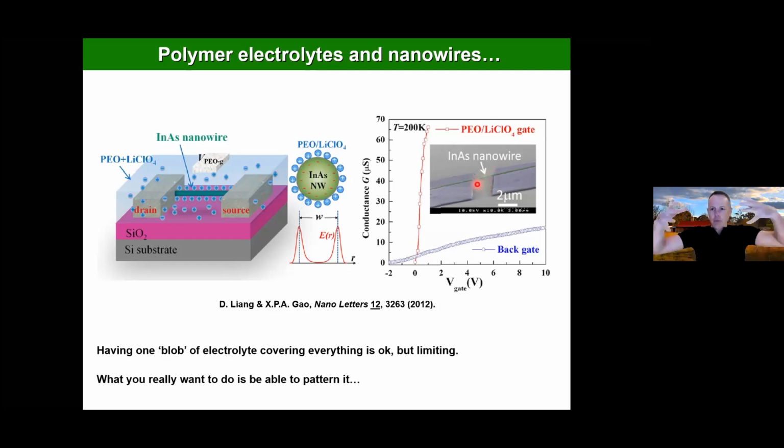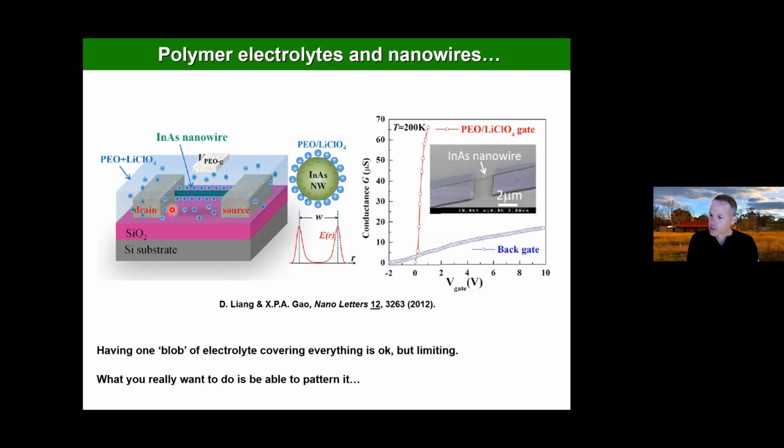With this big blob, you're not able to independently control multiple gates on a device, which would be desirable. You're not able to have multiple devices on a chip. And you also have issues with your source and drain contacts being connected to the same polymer electrolyte, dragging the ion distribution around when you try to apply voltages to other parts of the device.